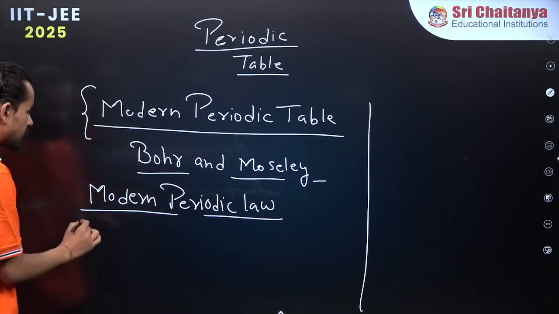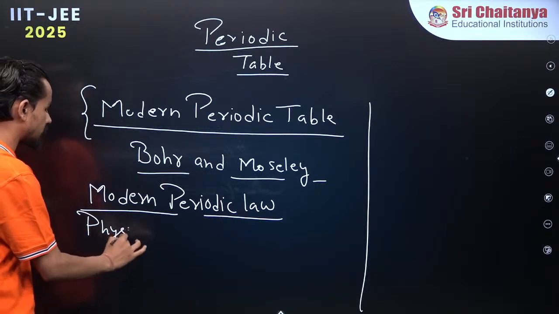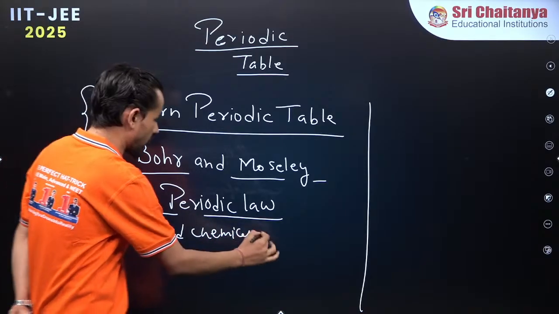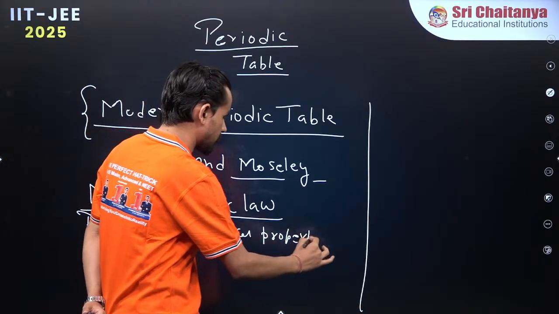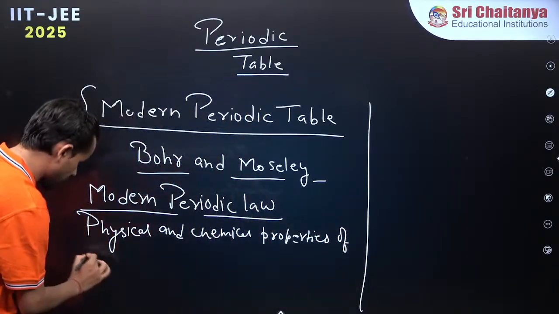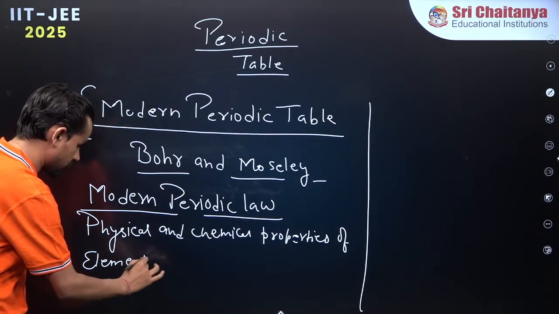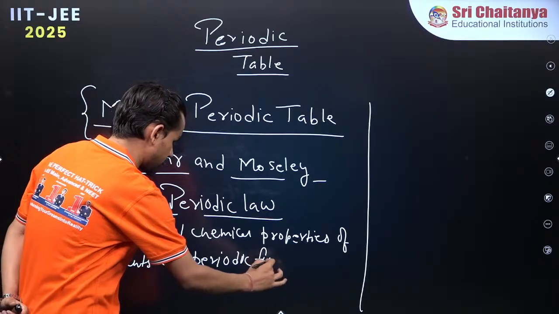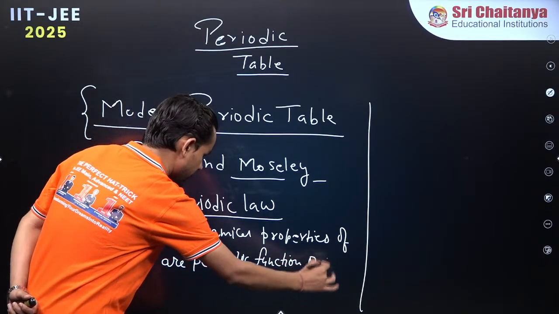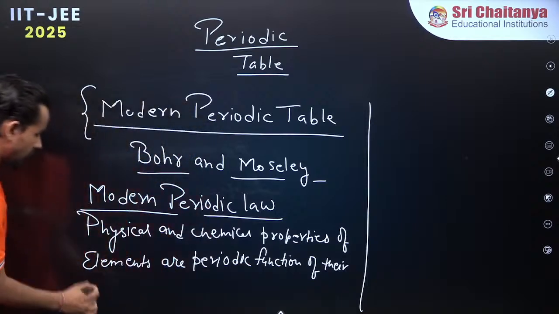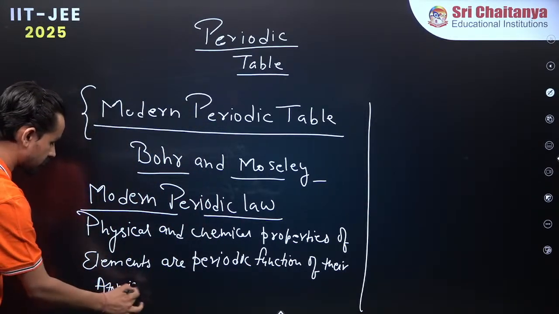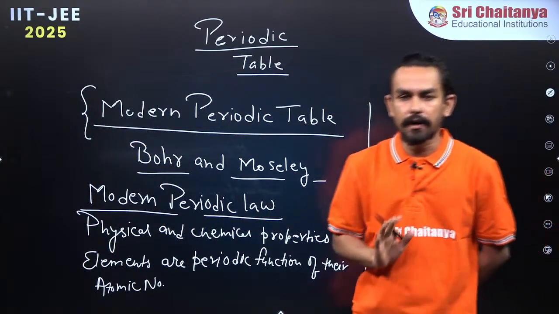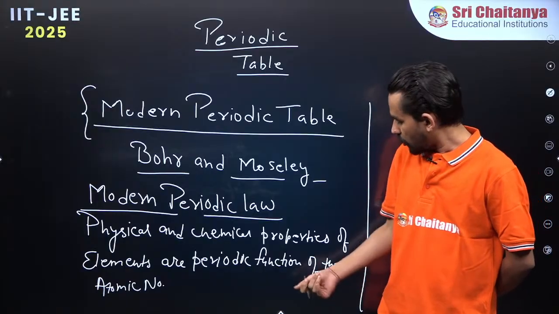This law tells us that physical and chemical properties of elements are a periodic function of their atomic number.